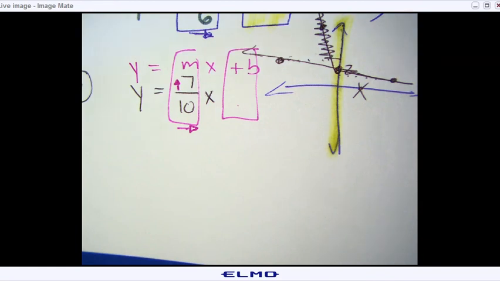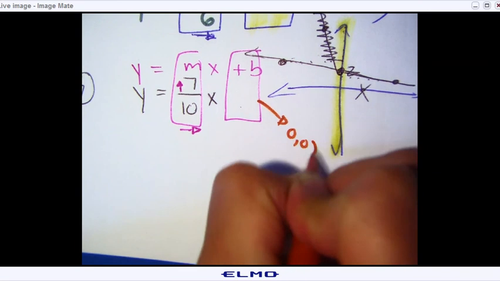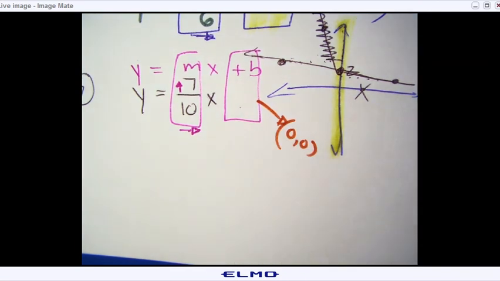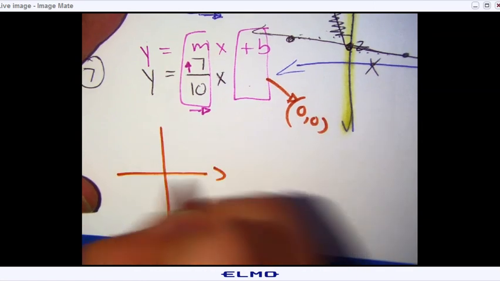Yes. 0. There's nothing. So you're going to start at 0, comma 0, because there's nothing for b. Then we go ahead and do the graph.